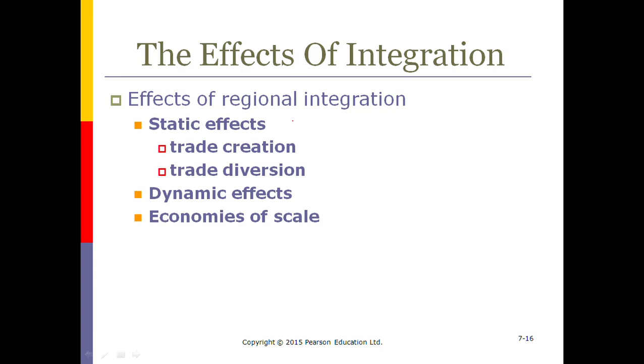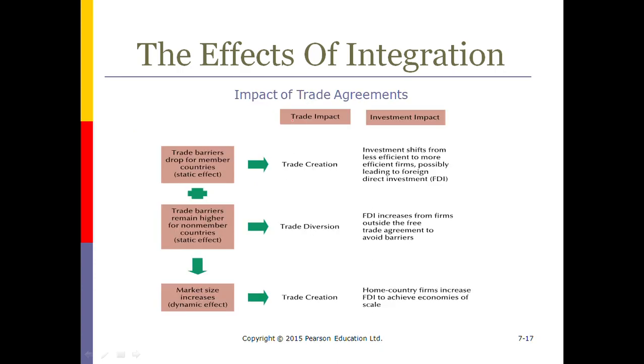When we talk about static effect, it would lead to either trade creation or trade diversion. Now what does that mean? When we say trade creation, it means that you create more trade than what was existing before the agreement. However, trade diversion means that no extra trade or opportunities have been created. Rather, the opportunities which were already available were diverted from one country to another.